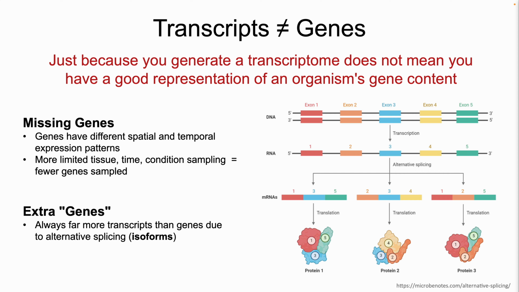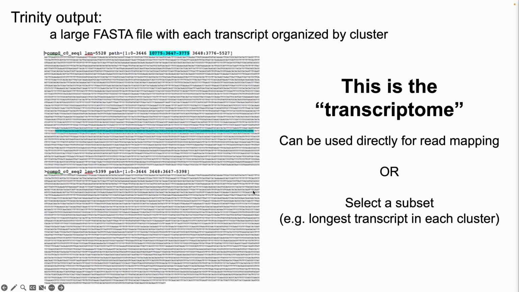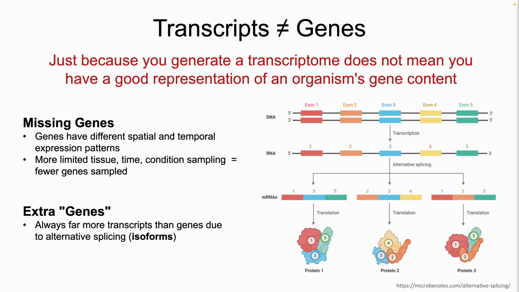and this mapping step, assembly step. And so how do you go from this, which gives you a cluster of transcripts that are all related, that's what Trinity's telling you, to something that is more like the genes?